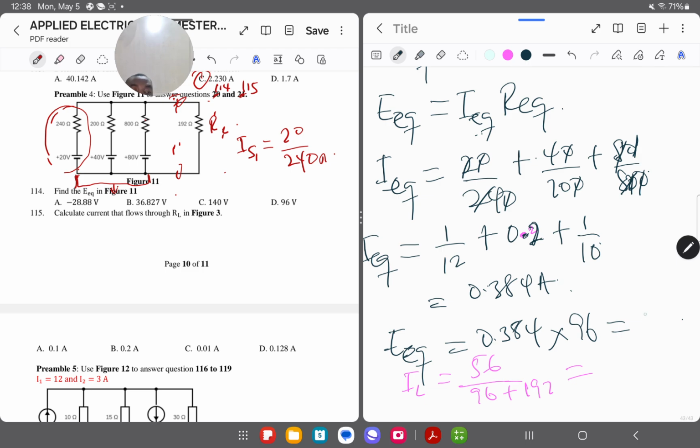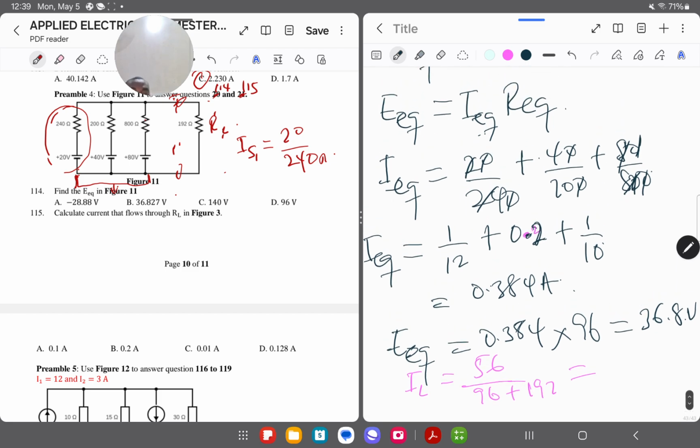Get 36.82 volts. So here this part now should be 36.